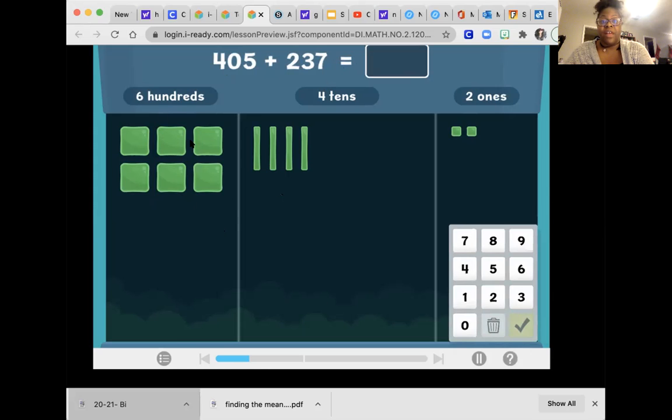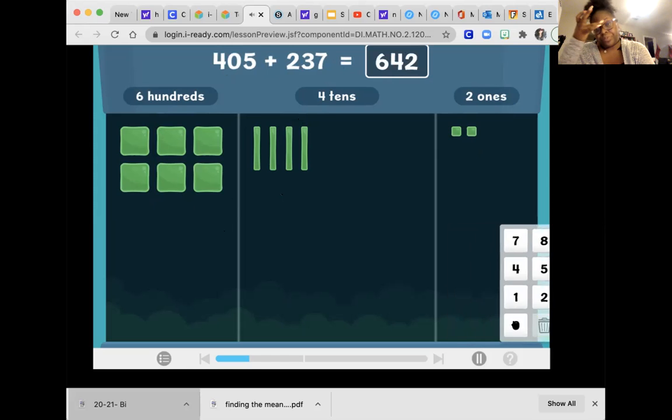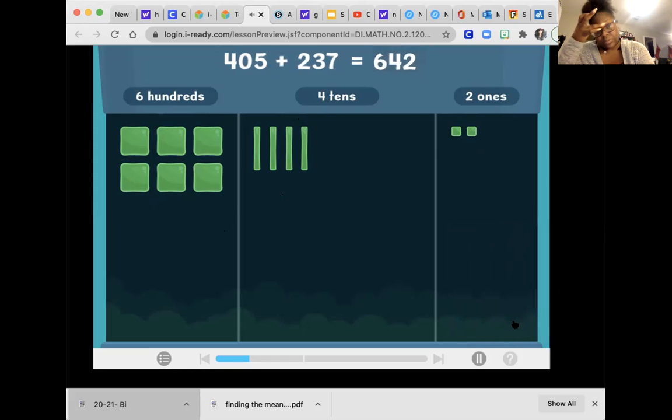We know we have 6 hundreds. 4 tens is 40, plus 2 ones is 2. That's 642. 405 plus 237 equals 642.